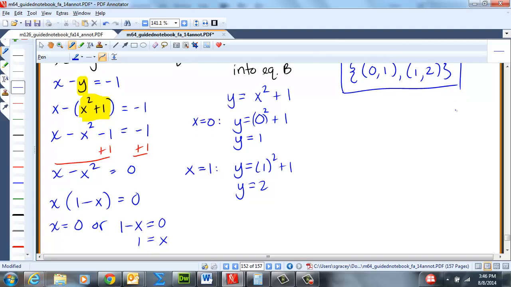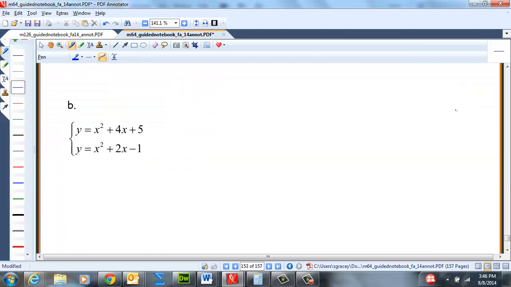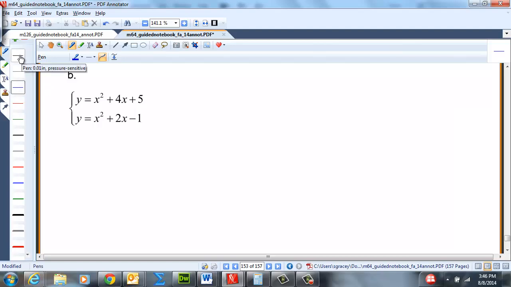All right, so our next problem, again, we're solving using substitution, were the instructions. So if we name this one A and this guy B, our first step will be to substitute.